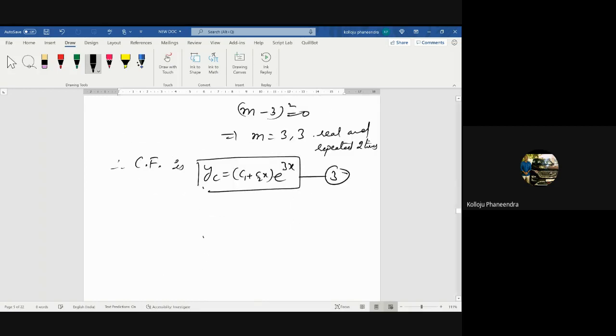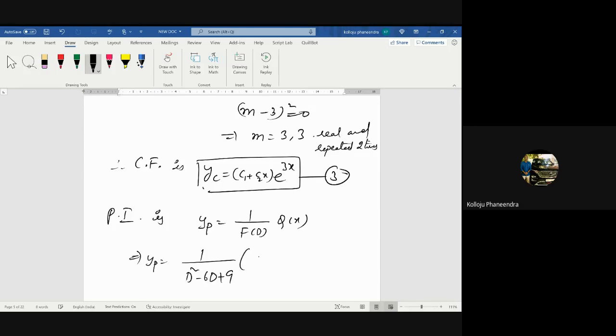Next, coming to yp, the particular integral is yp equal to 1 by f of D into Q of x. This implies yp equal to 1 by (D square minus 6D plus 9) into what function? 6 e power 3x plus 7 e power minus 2x minus log 2.